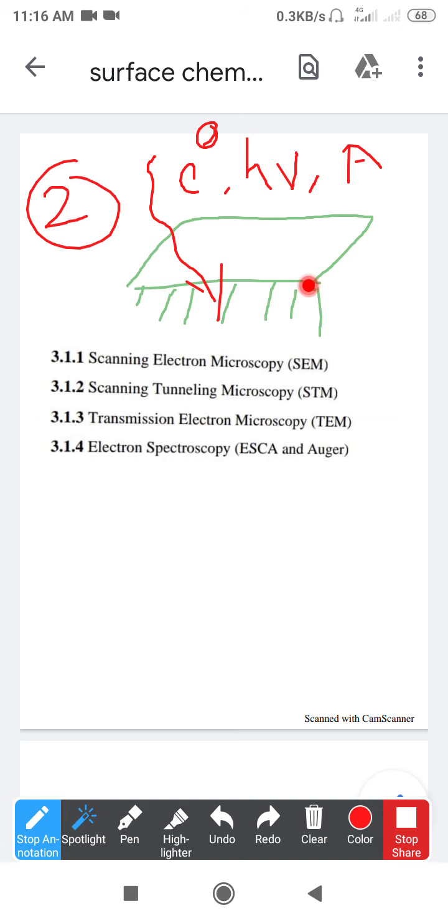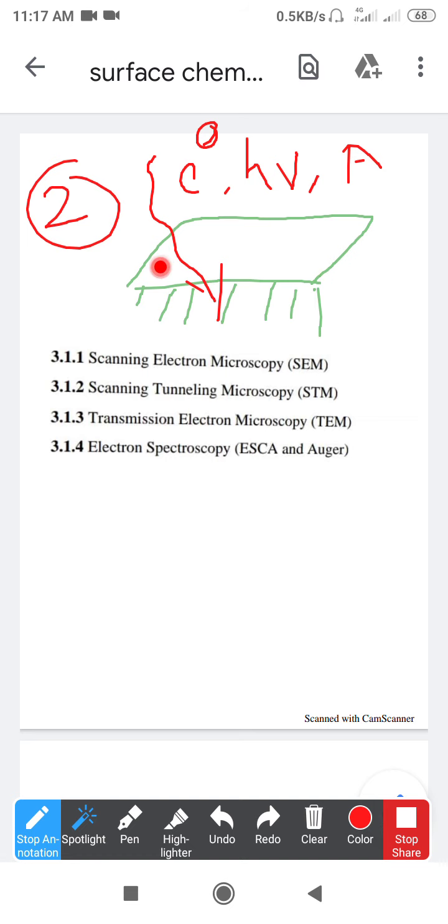So what is meant by raster pattern? Raster pattern means we analyze the surface by changing the coordinates of this incident beam and scan the whole surface. First we scan this line, then in the second step some variable changes along the other axis, suppose the y axis. So again the y axis gives you the change in surface.